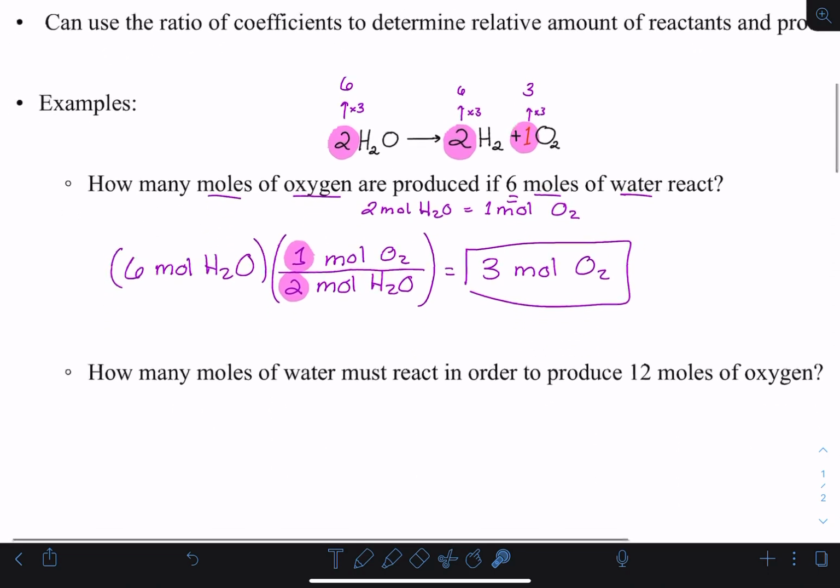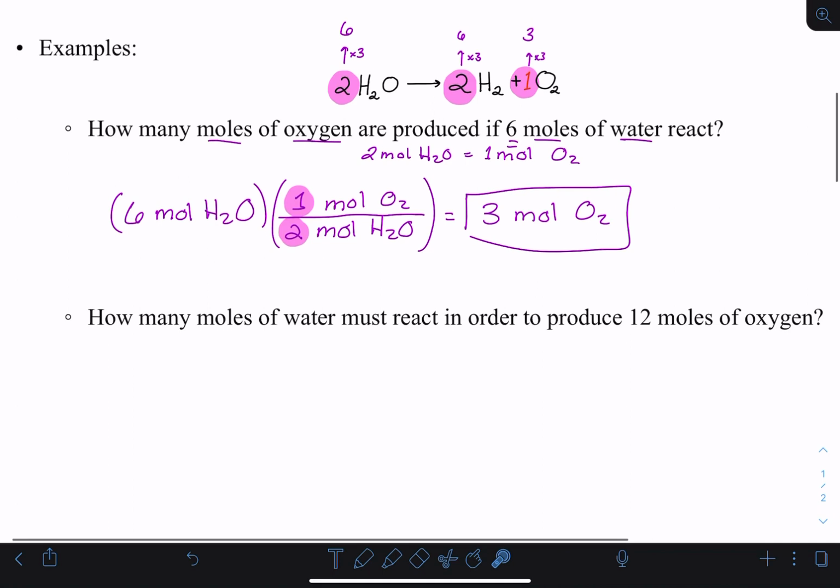So we can think similarly on this next problem: how many moles of water must react in order to produce 12 moles of oxygen? So now our question is asking us, how do we produce 12 moles of O2? Our coefficient for oxygen in our standard recipe, our typical balanced reaction, is 1.